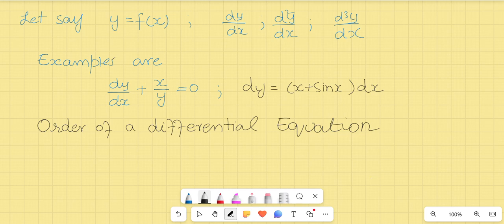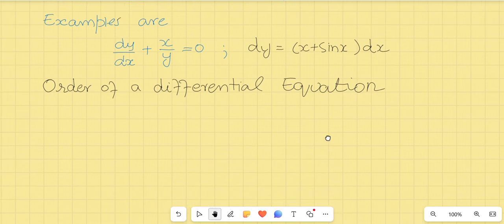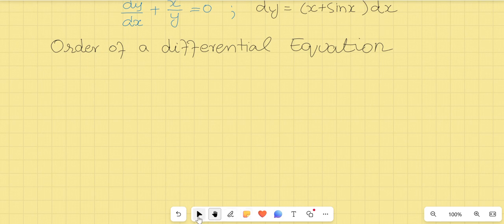The order of the highest order derivative in a differential equation is called the order of the differential equation. To understand it, let's take one example.